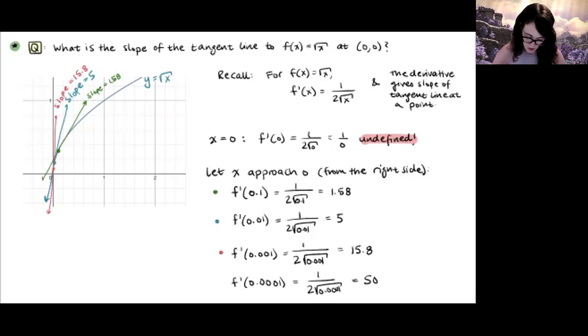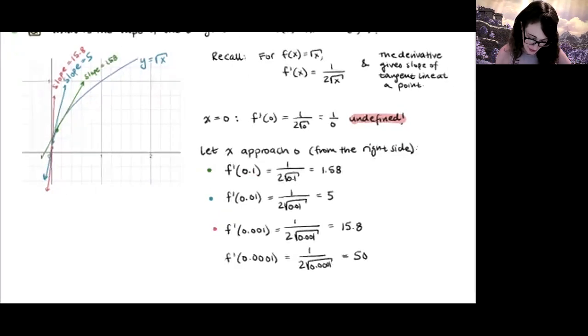So as you are approaching x equals 0 from the right-hand side, the tangent lines become more and more vertical, and the slopes become larger. They're approaching infinity. I know 50 isn't close. It's not too large, but compared to where we started with 1.58 at just 0.1, it's pretty large in comparison. And if you want to jam a bunch of zeros on your calculator and see like 0.00001, you're going to get a really large number for the slope.